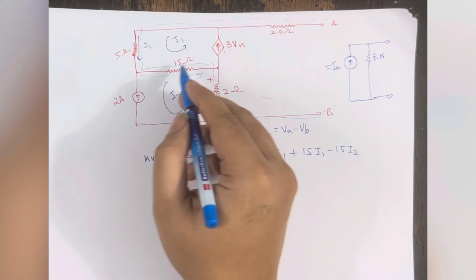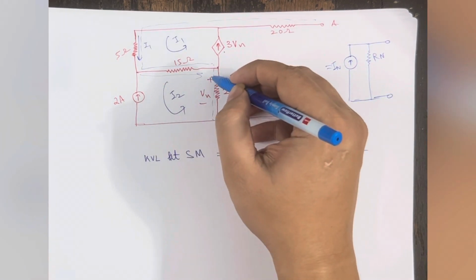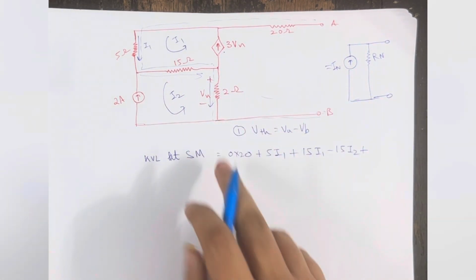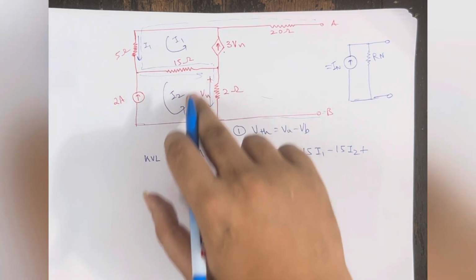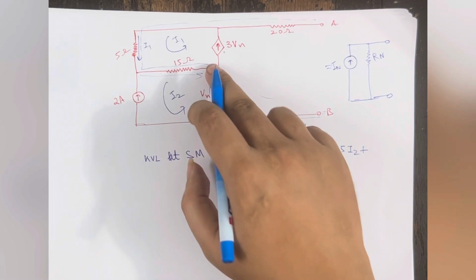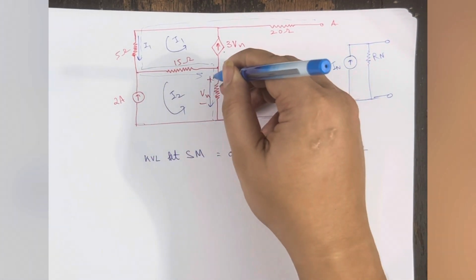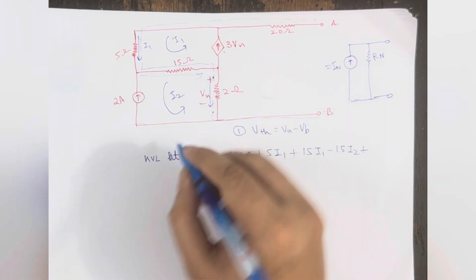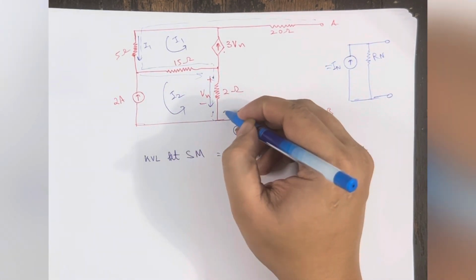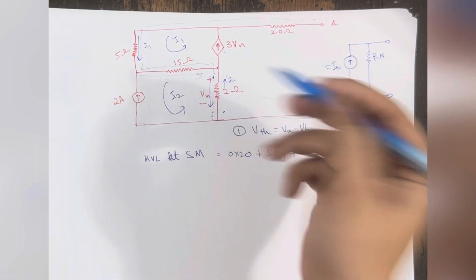Plus here I am going from up to down, and plus Vx, where the current is in the opposite direction of my assumed direction. I am coming from this point to this point and going like that, but from this point to this point the opposite of I2 is flowing. If I say plus I2 is flowing from this to this, then from this to this minus I2 is flowing.